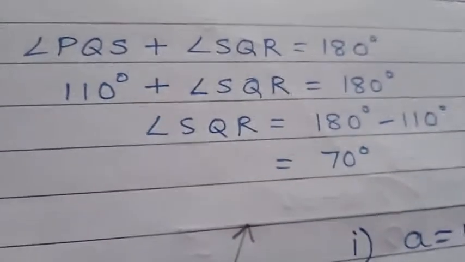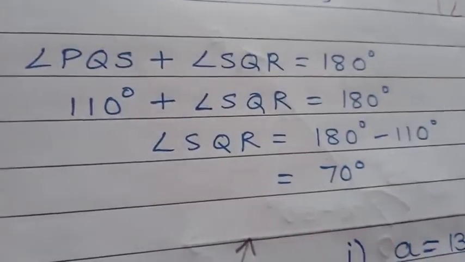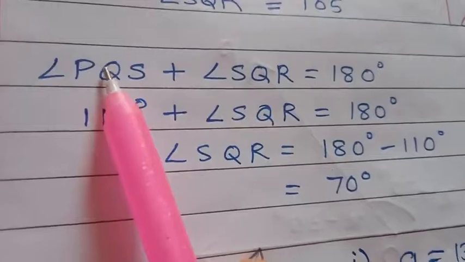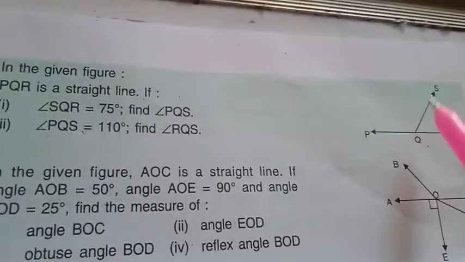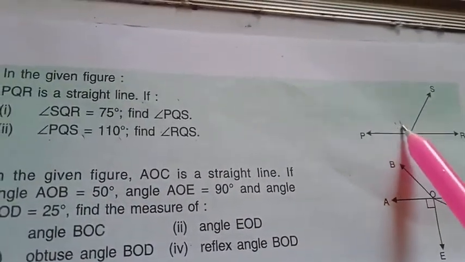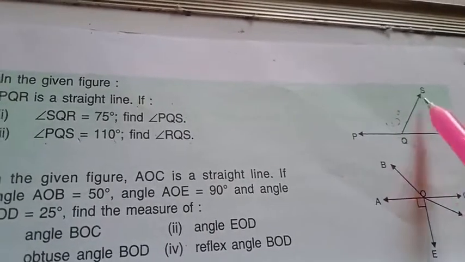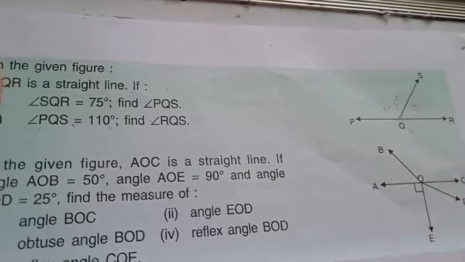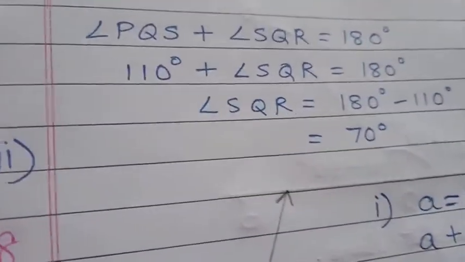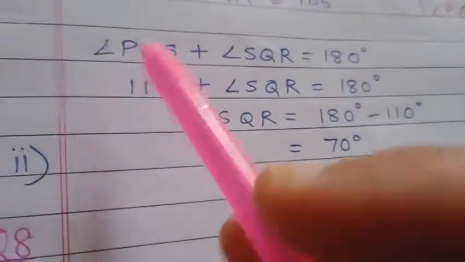Same thing, now you will see the second question. In the second sub-question, PQS is clearly given as 110. So angle PQS is given as 110 degrees and angle RQS is to be found. The method is the same. Since PQR is a straight line, I can add the angles.